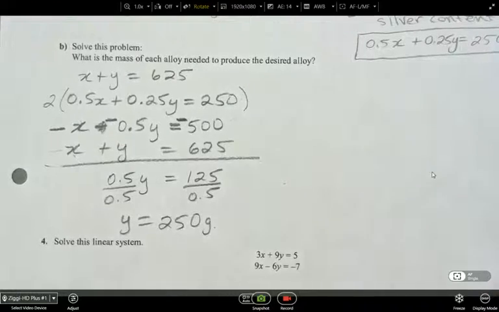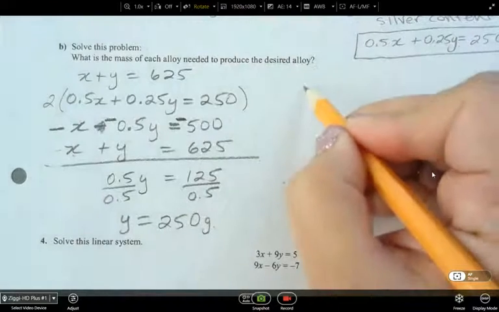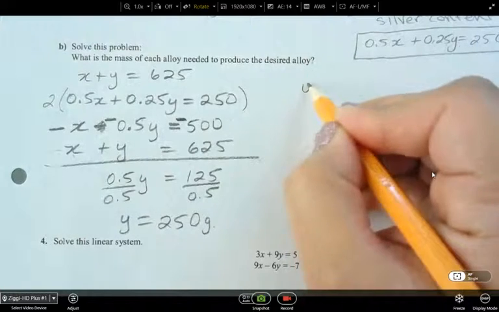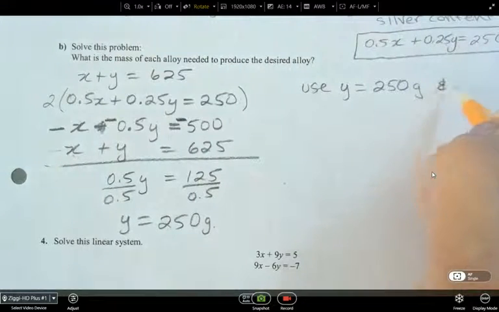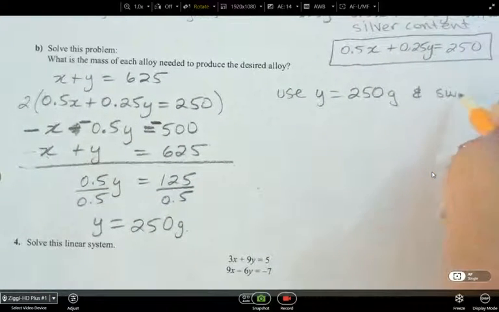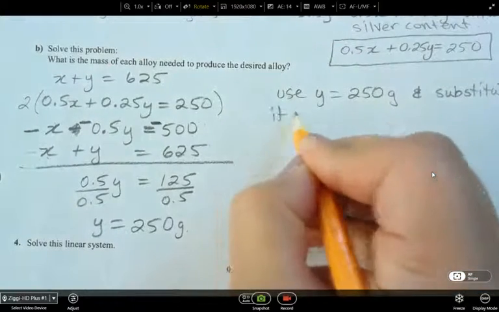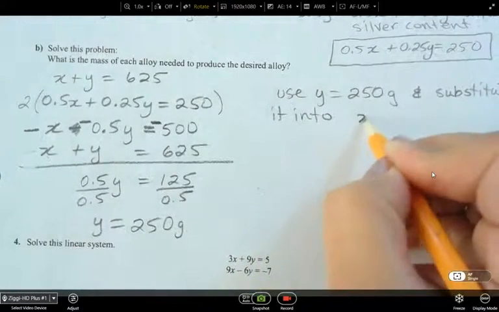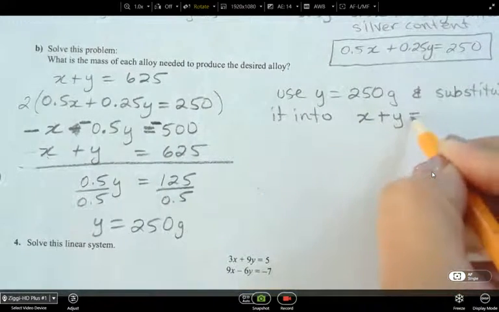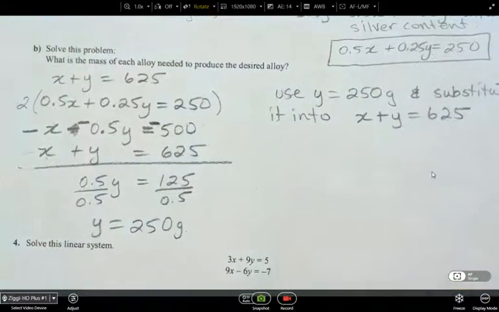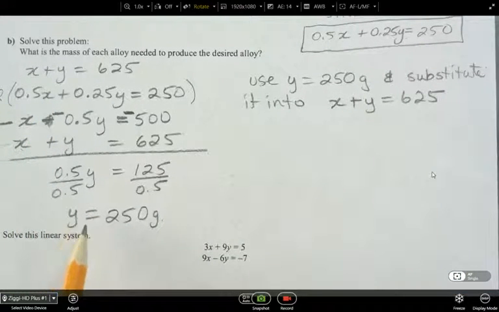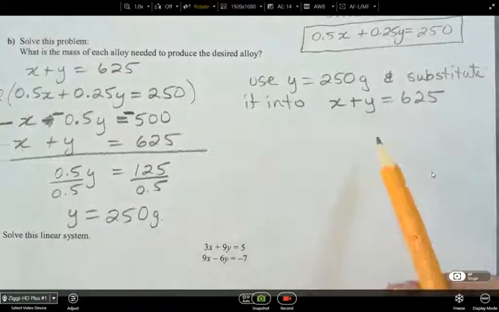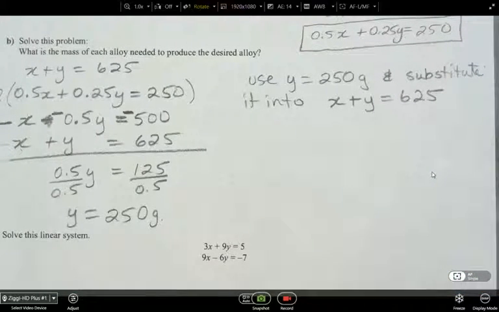And then now how can I figure out what x is? So let's use y equals 250 grams and substitute it into the first equation, x plus y equals 625. All right, so now here in the first part I used elimination, and now I can use substitution because it's a lot less work in this case.